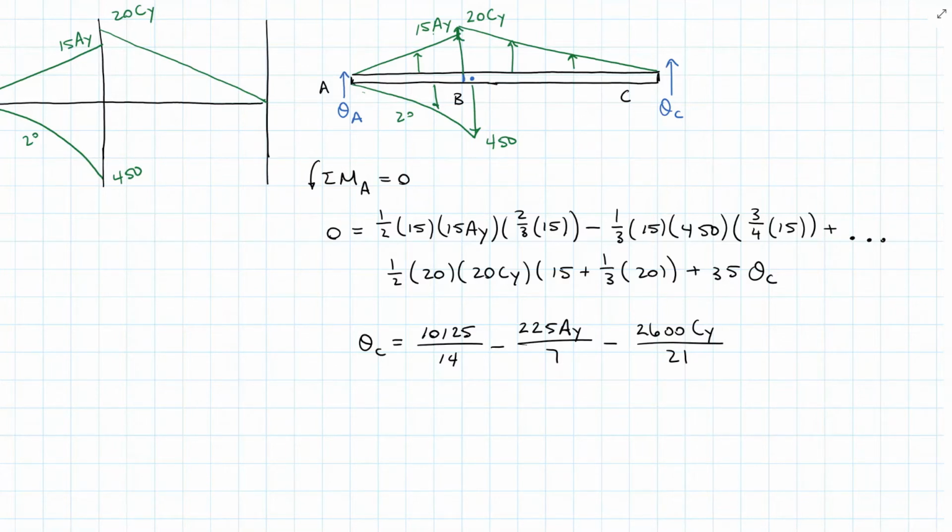Now I did that because I have a hinge at B, so now I can draw a free body diagram of B to C and solve for another theta C equation, set them equal, and get some answers.